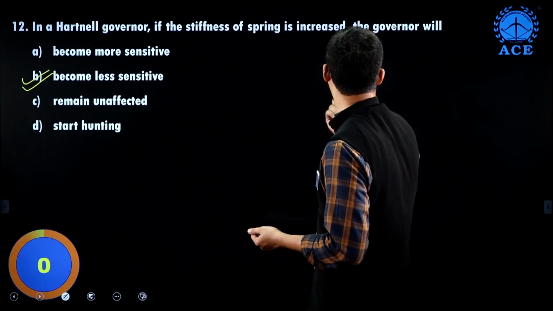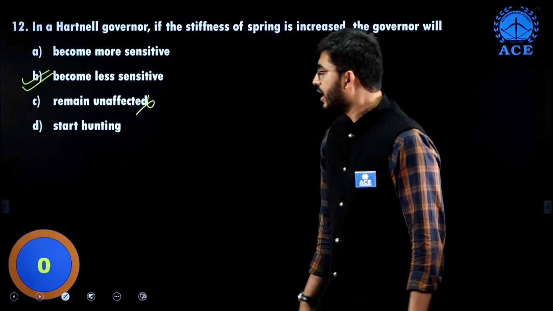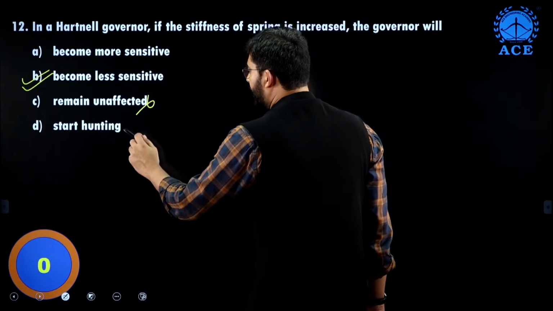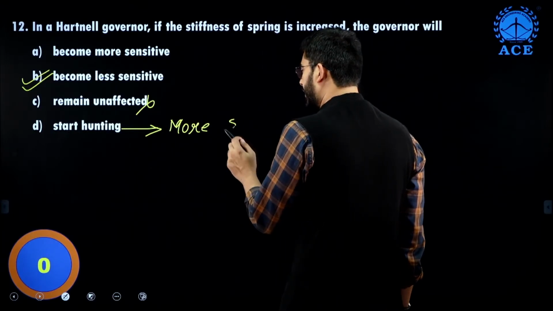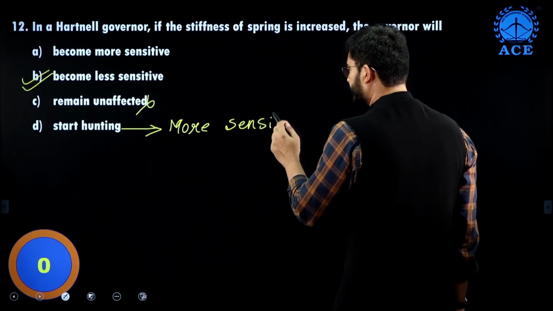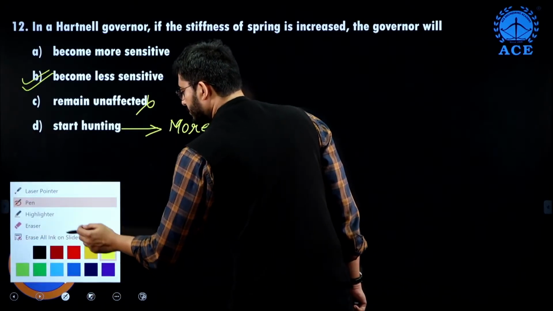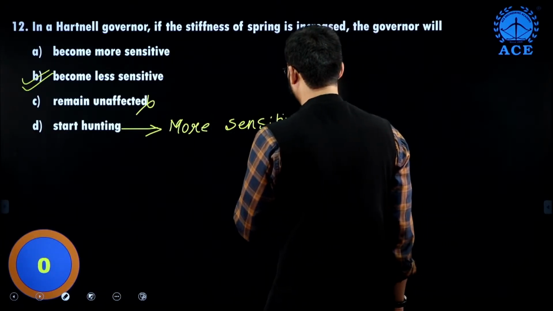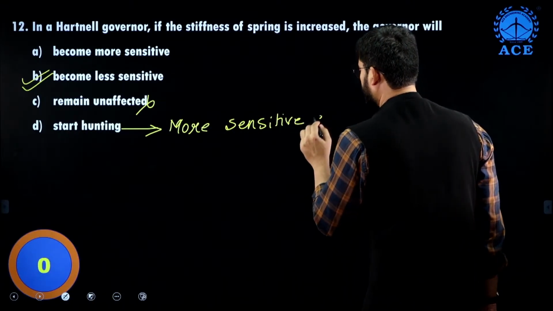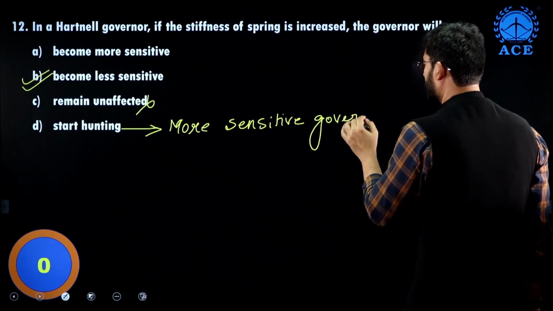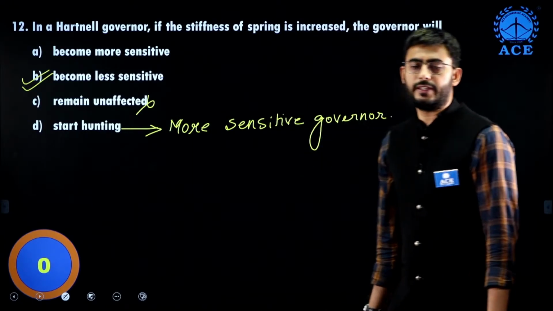The governor remains unaffected, option C, is also out of the context. It will start hunting. This hunting phenomenon is associated with a more sensitive governor. Okay. So for this question, option B is the answer.